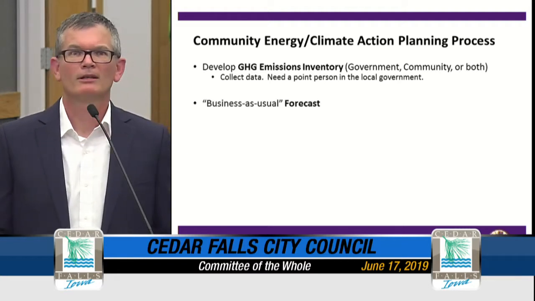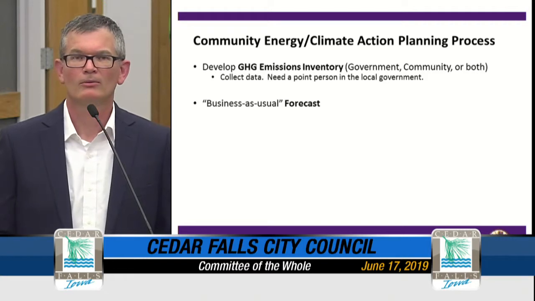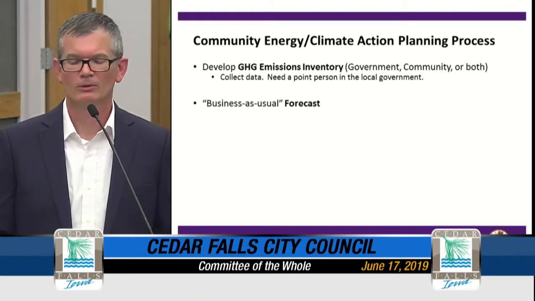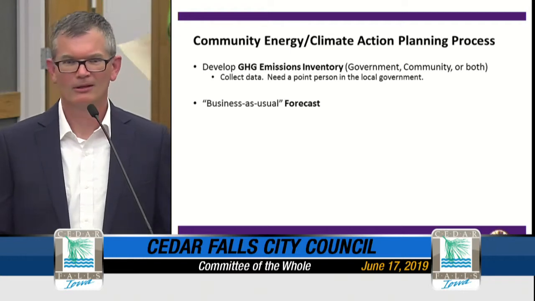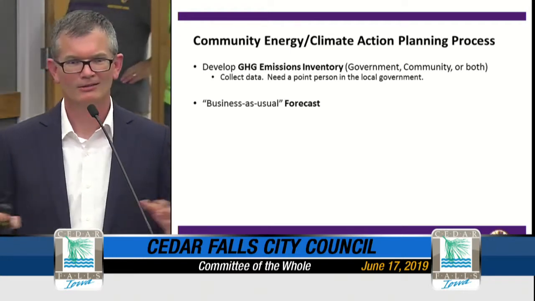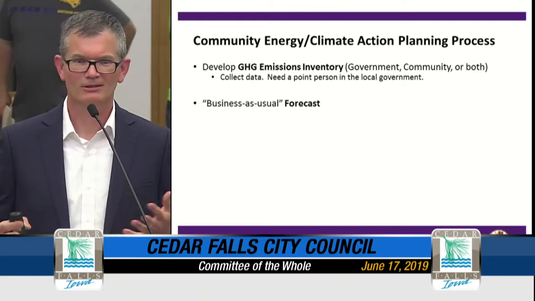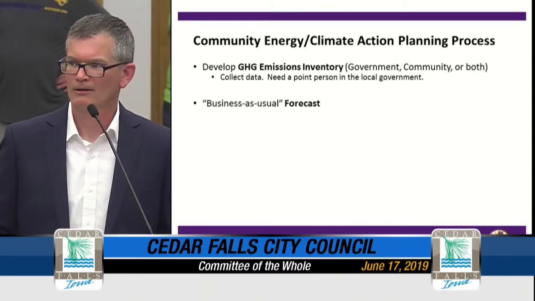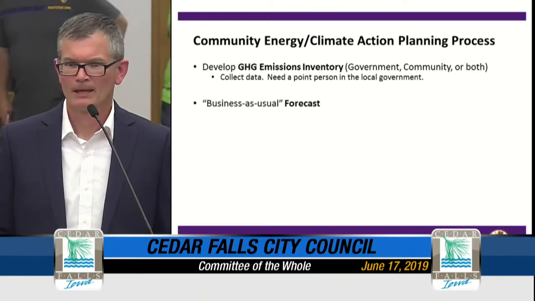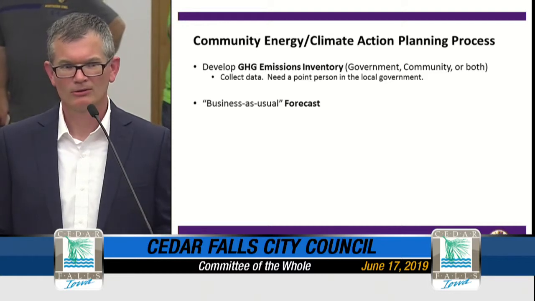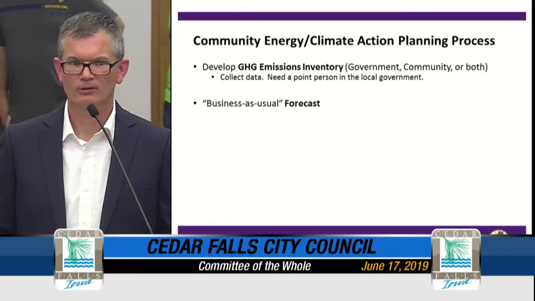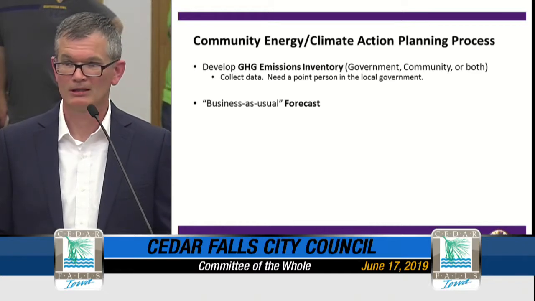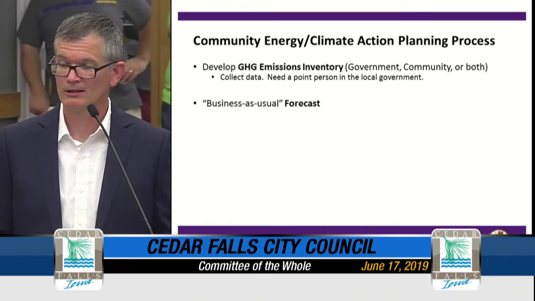So after we've done the baseline inventory, then we look at what happens over time if we don't make any changes, if we don't implement any strategies to reduce emissions at the local level, but the community continues to grow at its current population growth rate, and we also continue to experience decarbonization in the electricity grid.